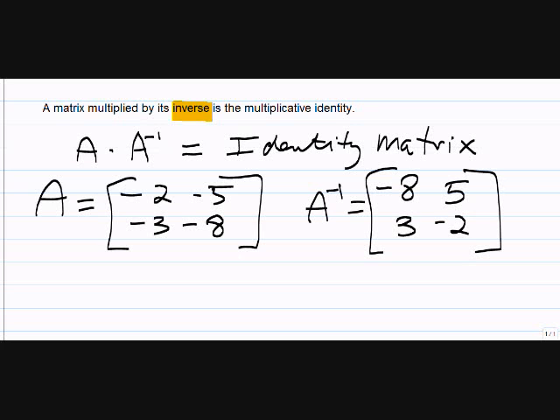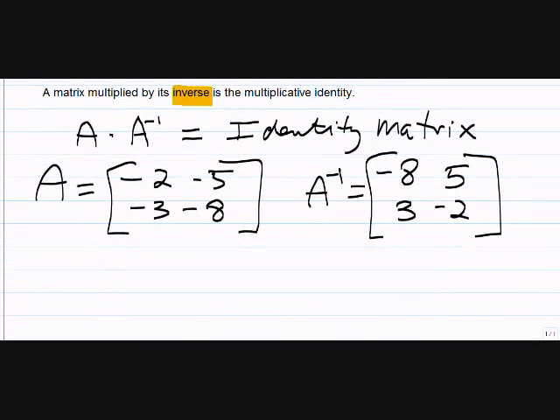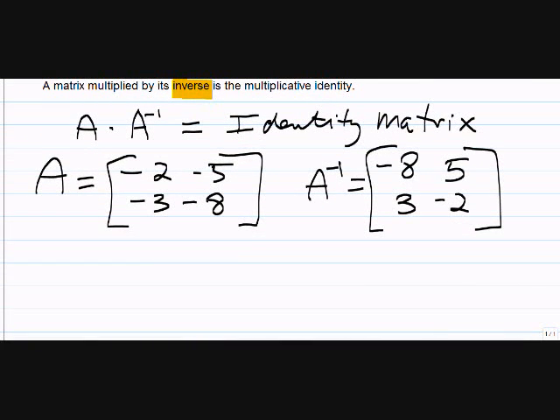Let's see what happens when we multiply these two matrices. I get -2 times -8, that's 16, plus -5 times 3, -15.